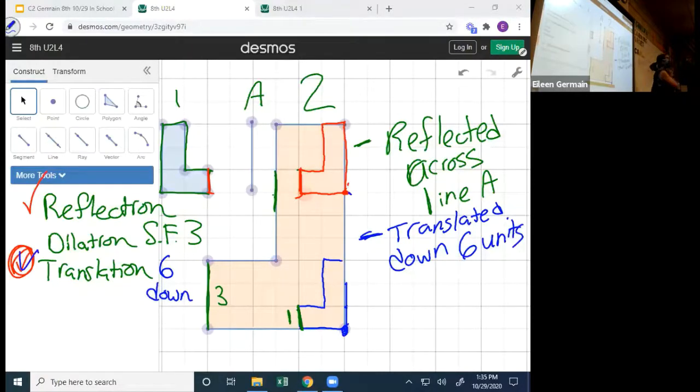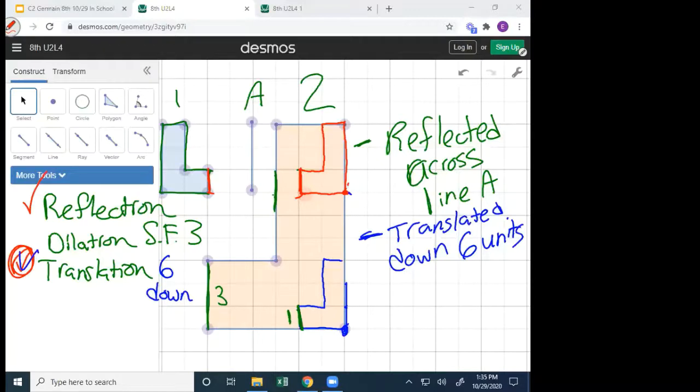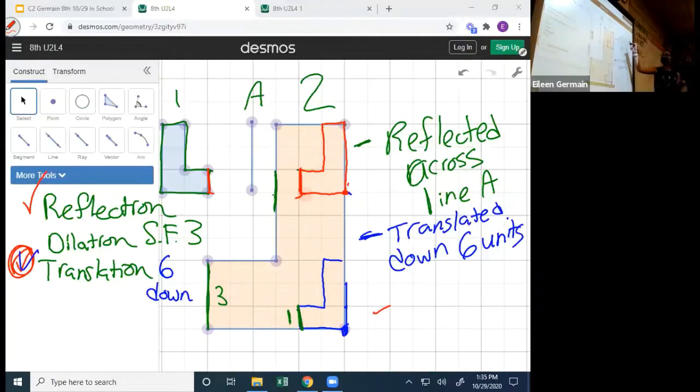Okay. And then our last move. Can I have Giovanni unmute and tell me what was our last move? You reflected it? So we reflected it, good.